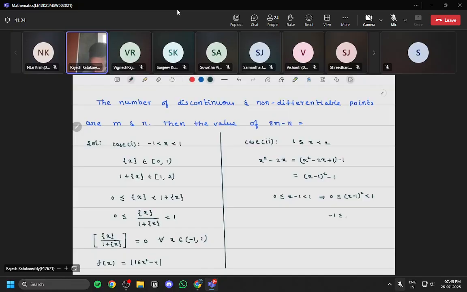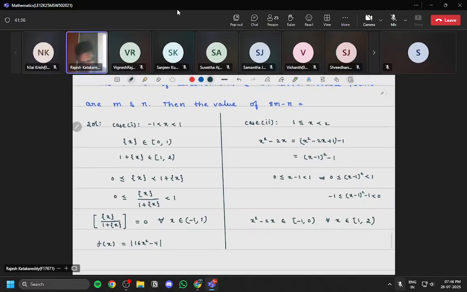Subtracting 1, −1 ≤ (x − 1)² − 1 < 0. There is one integer, so there is one point of doubt, right? So I can say the range of x² − 2x belongs to [−1, 0) for all x.